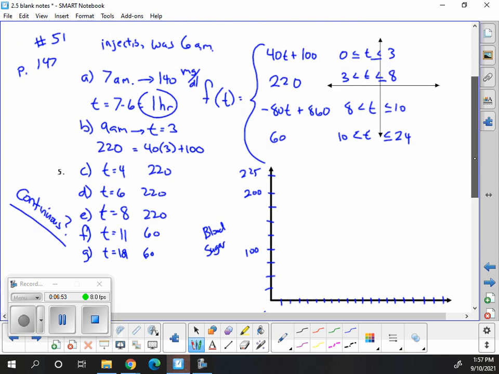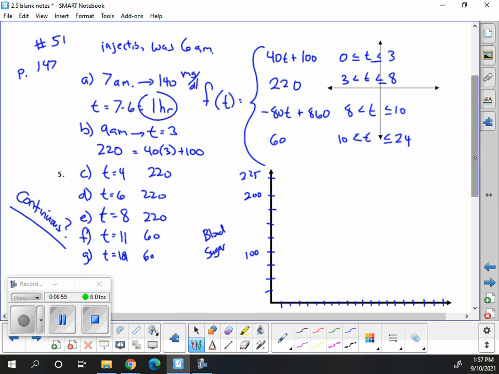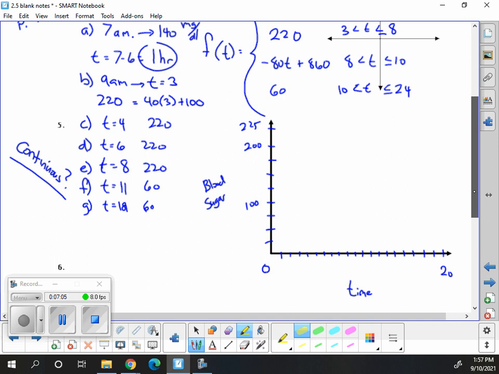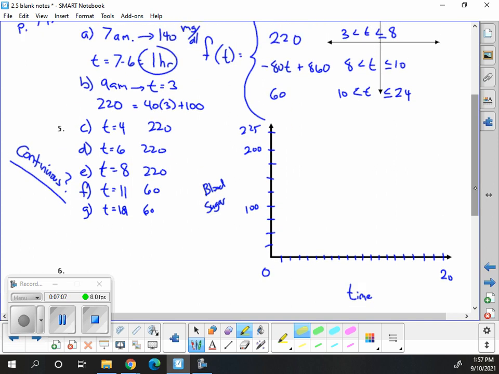That means what's the y-intercept of this first one? Look at this first portion. What would our y-intercept be? 100, and it has a slope of 40. So we're going to start our graph right at 100, and it's going to go up 40 over 1. If we look at our points, when t was 1 at the beginning, our f of t was 140 because it goes up 40 over 1.